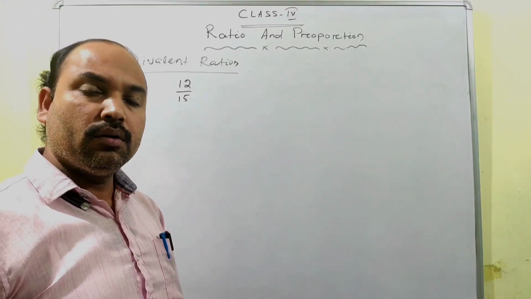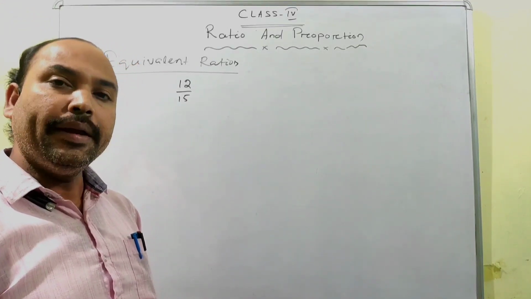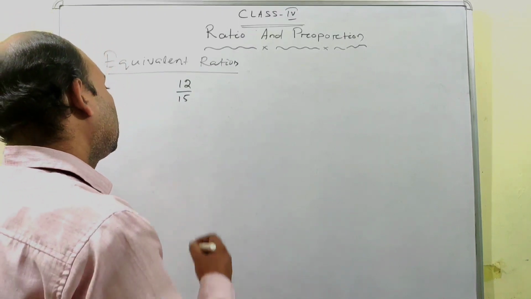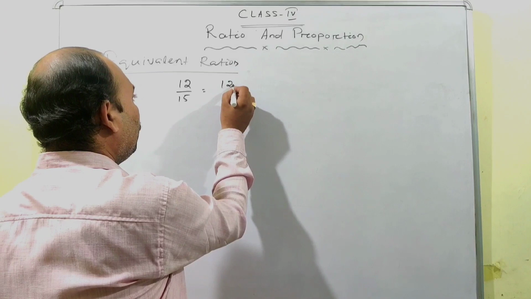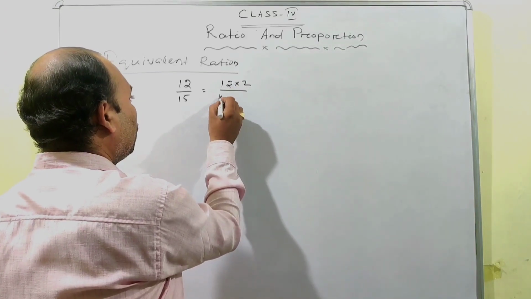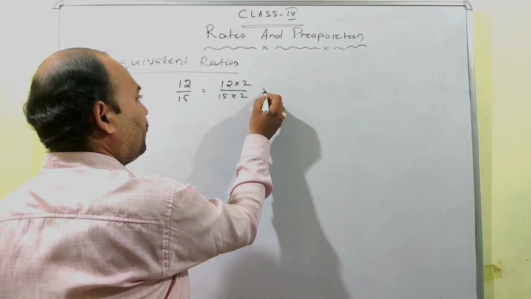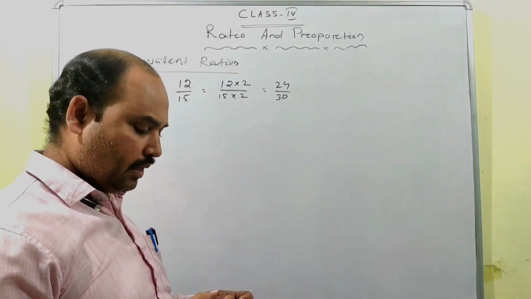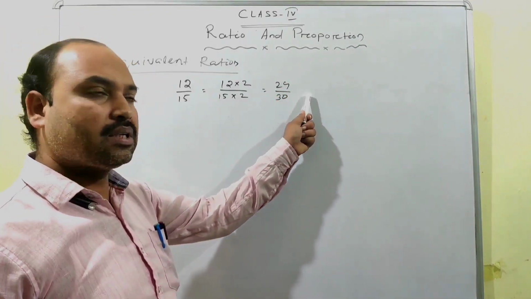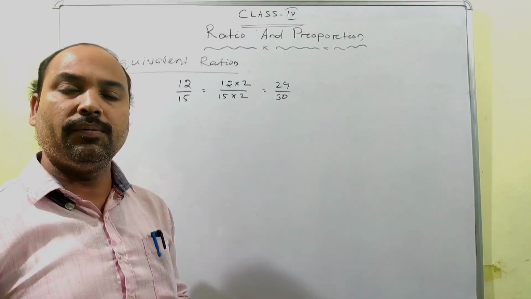We have to write one equivalent fraction. So 12 upon 15, we can write here 12 into 2 upon 15 into 2. It means 24 upon 30 is the equivalent fraction of 12 upon 15.